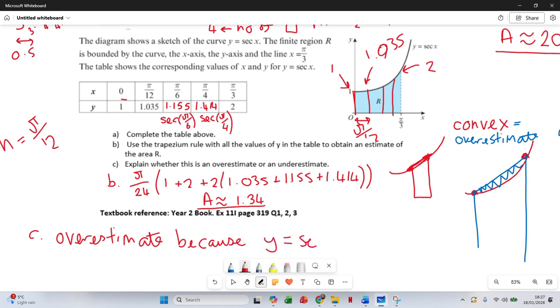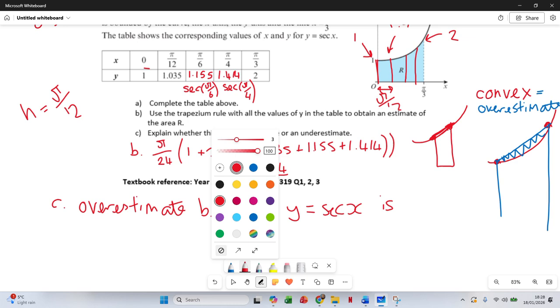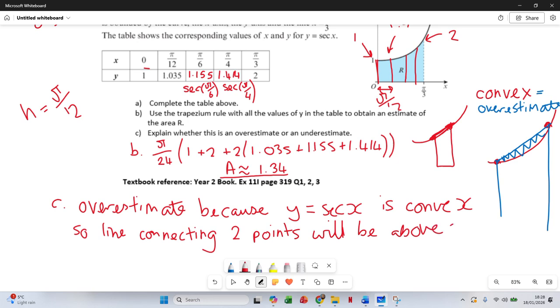So the line connecting the 2 points will be above the curve.